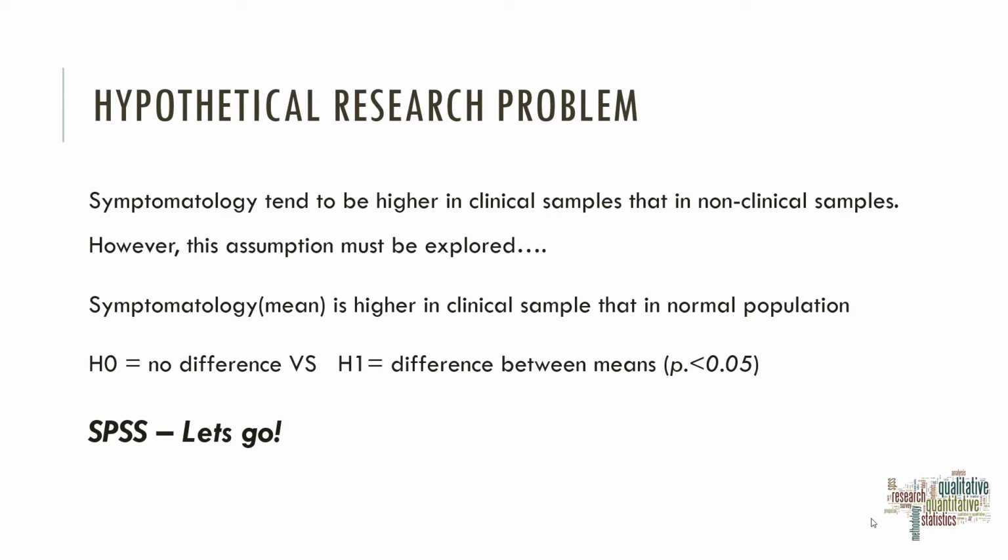So there is a significant difference between the means in our sample and that hypothesized value of 1.7, which is a hypothetical value for a normal population. So we reject the null hypothesis and we accept the H1 hypothesis. Okay?